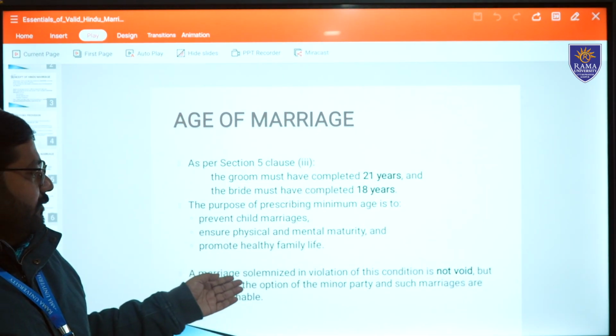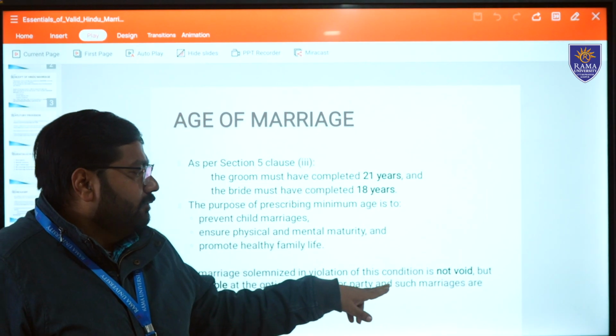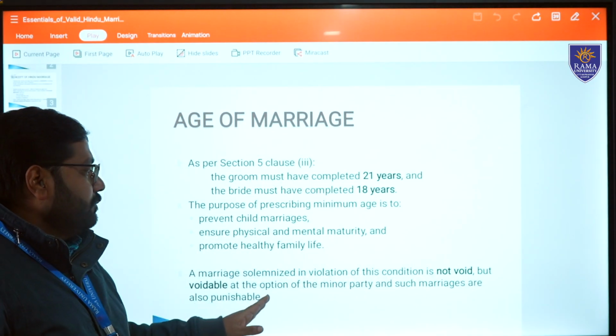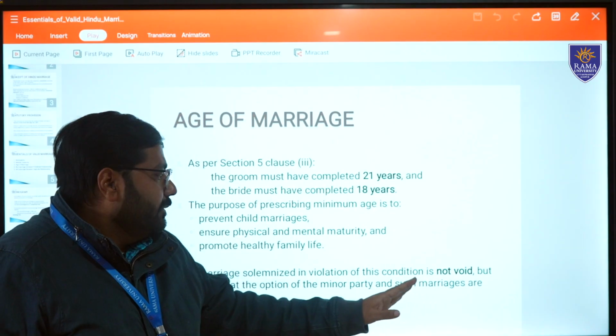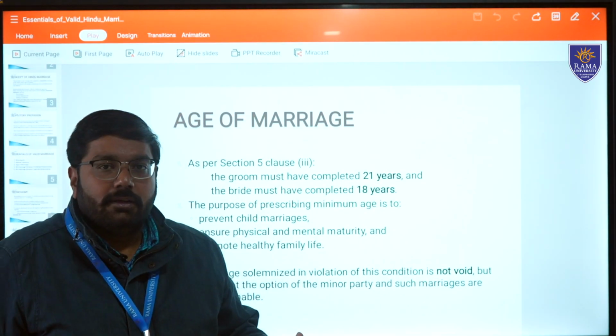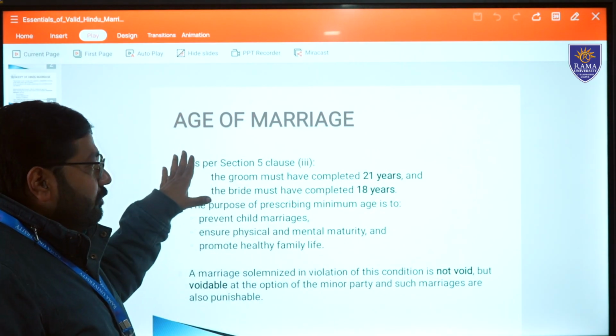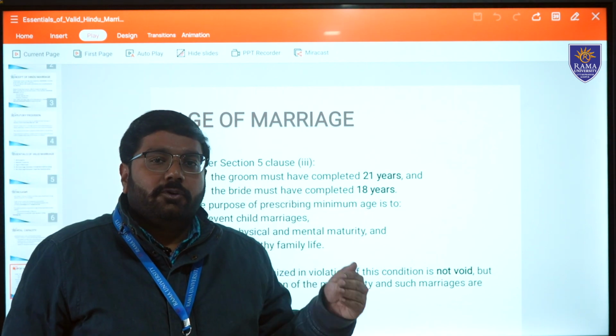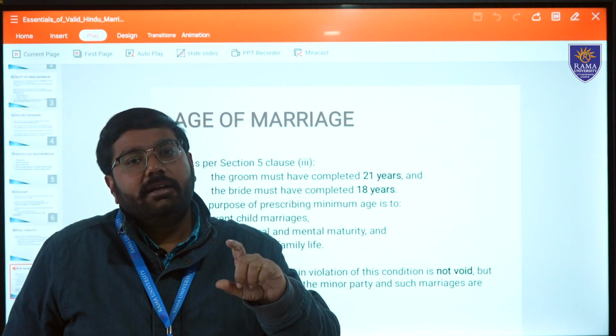A marriage solemnized in violation of this condition is not void but voidable at the option of the minor party, and such marriages are also punishable. The marriage made in violation of this condition is never void, but it is voidable, but it is punishable.